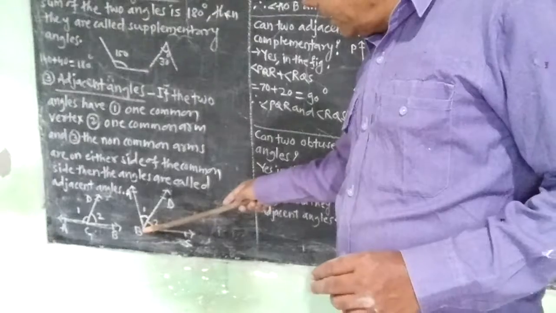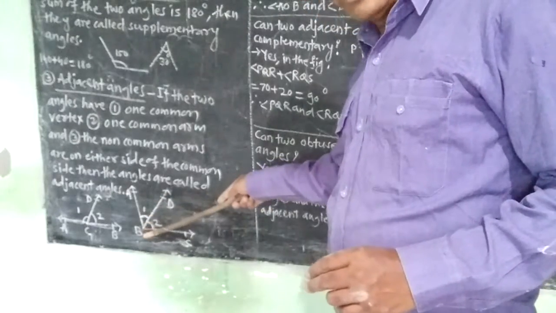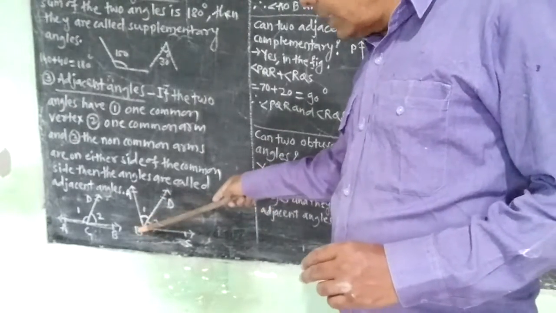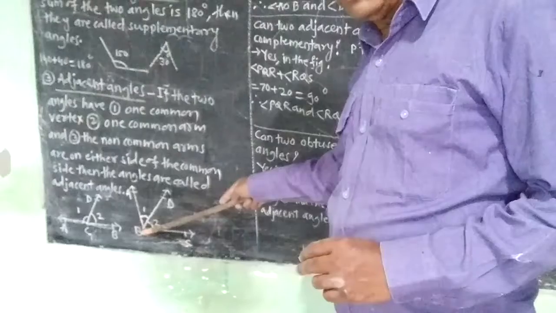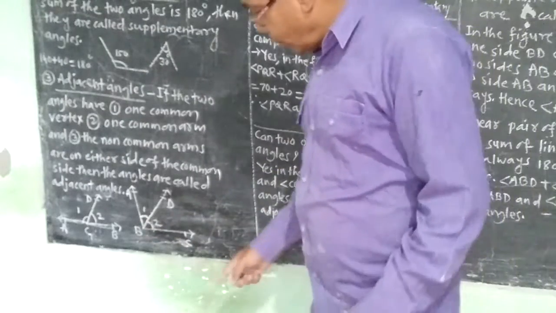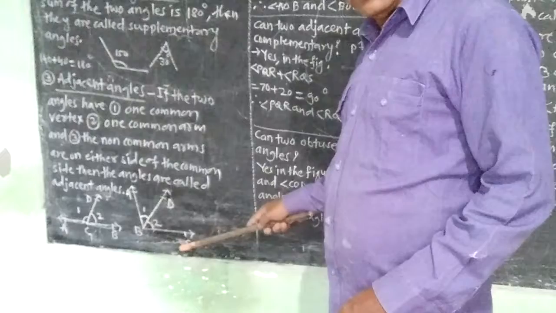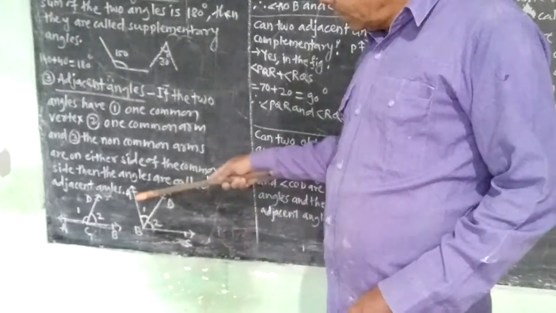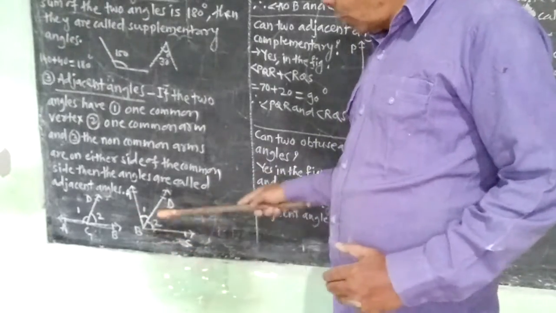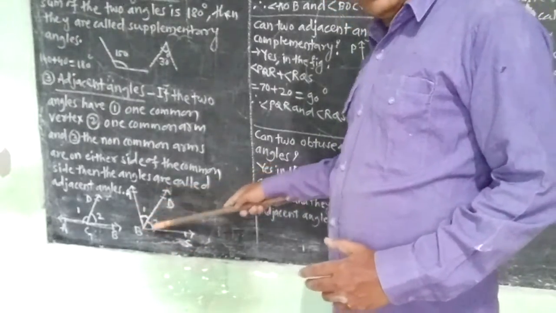So the condition is that the two angles must have one side common, as well as their vertex must be common. Here the non-common sides BA and BC are on the opposite sides of the common side.